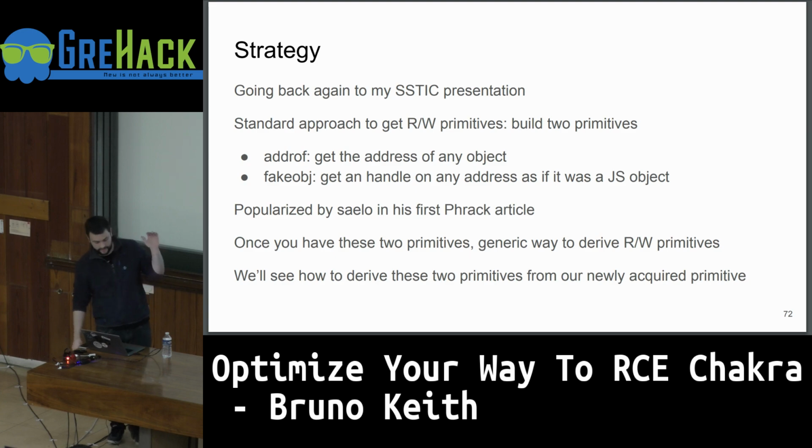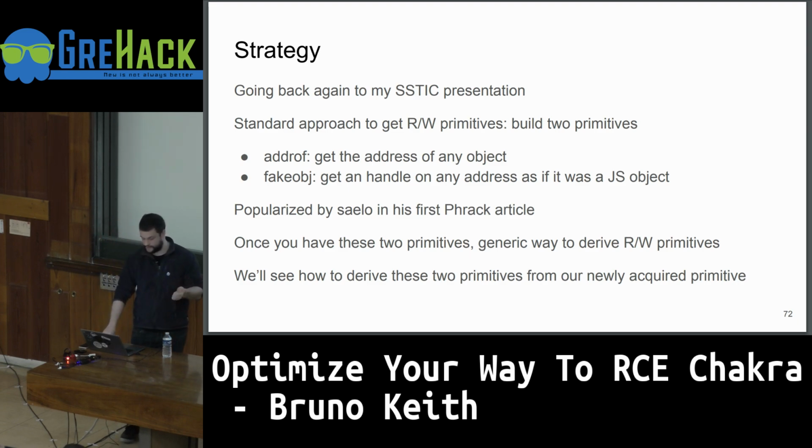It was popularized by Samuel in his first Phrack article, and once you have these two primitives, in all the engines these days, I believe there is a generic way to derive read-write primitives, which is what I presented at STIC. So let's assume we manage to do address_of and fakeObj, then all we need to do is copy-paste from what I presented at STIC already, and we'll have read-write primitives. And now, what we're going to see is how we derive address_of and fakeObj from a newly acquired primitive.